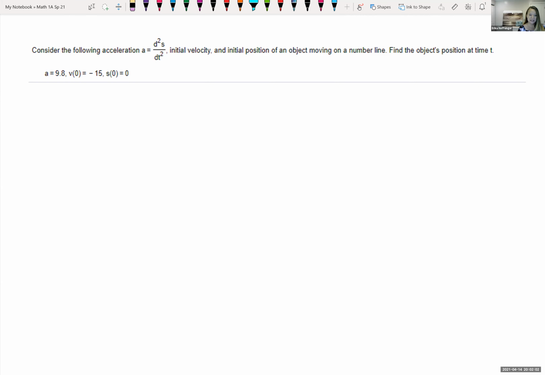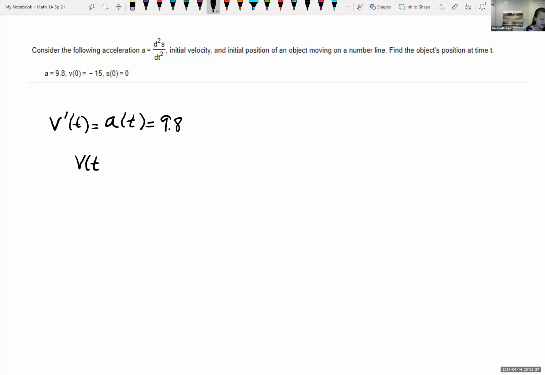So we're given what the acceleration is. We're given that a sub t is equal to 9.8. So recall, I just said that this was the same thing. So we want to try to figure out what the velocity is. So this is v prime of t.